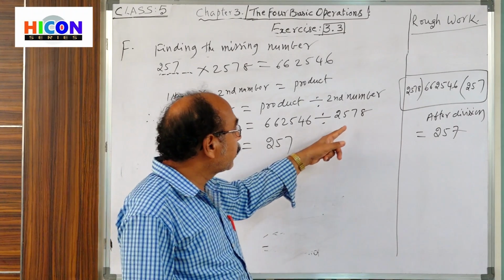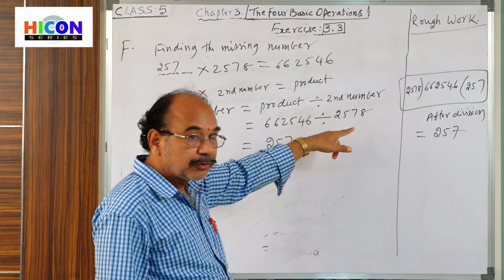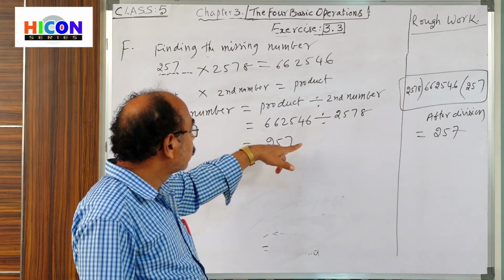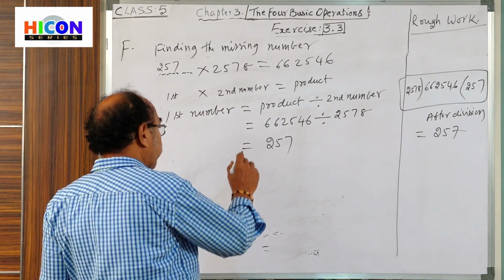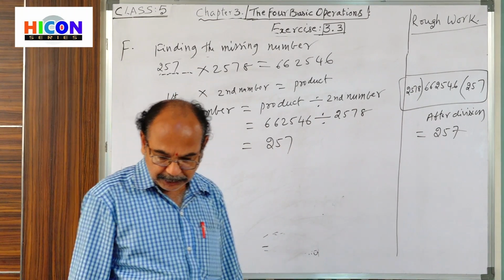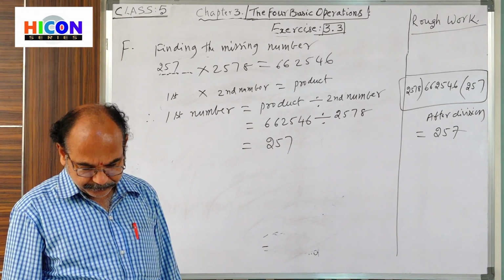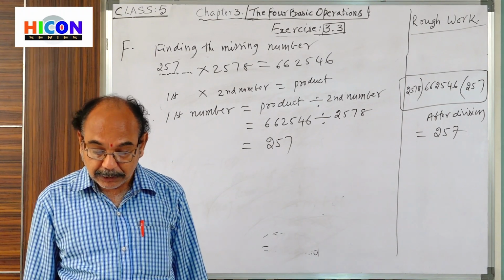This number is divided by the second number. What is the second number? 2578. After division, how much did we get? 257. So we take the first number as 257. Look at the right side, children.